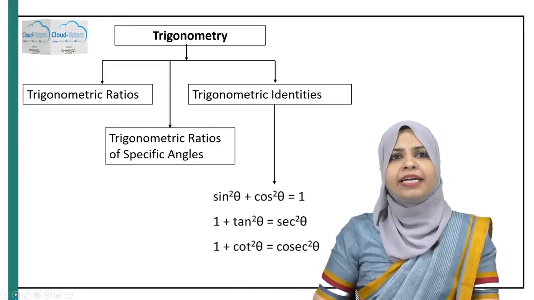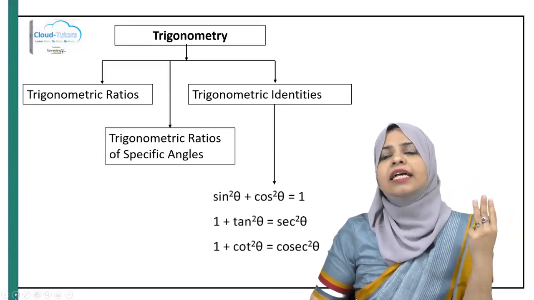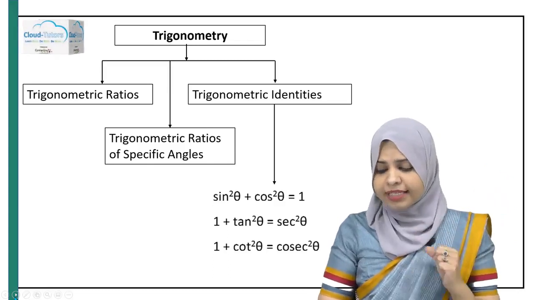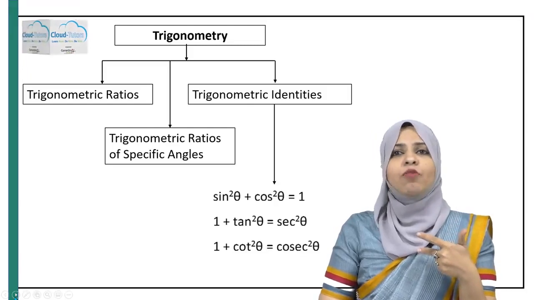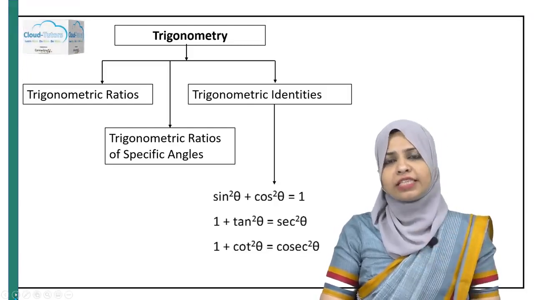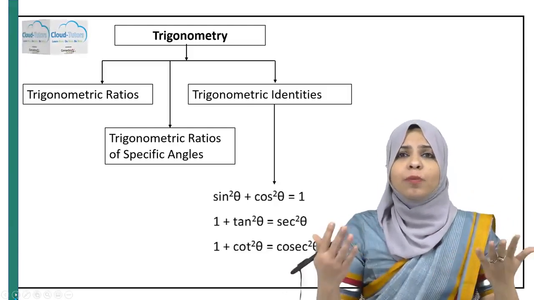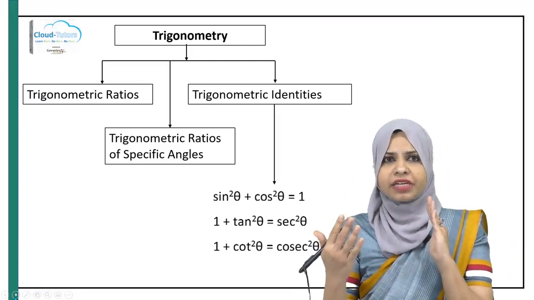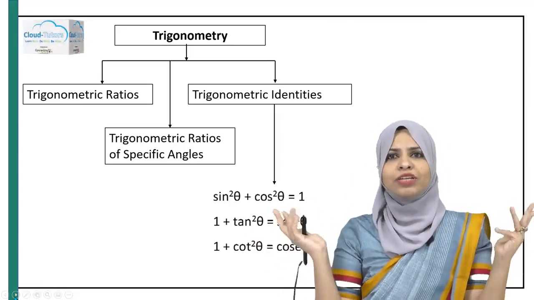Now coming to identities, you have to remember only 3 identities here. That is sine square theta plus cos square theta is equal to 1, the other one is 1 plus tan square theta is equal to secant square theta, and finally 1 plus cot square theta is equal to cosecant square theta. With these 3 identities, you can come up with more identities by just transposing the other trigonometric function to the other side, and you have the new identity.